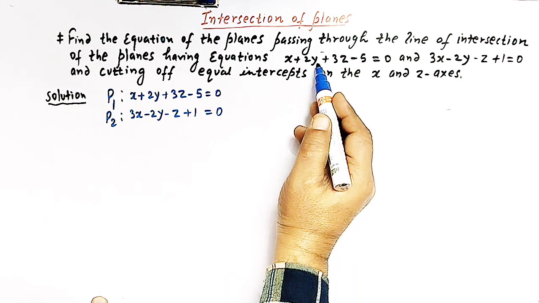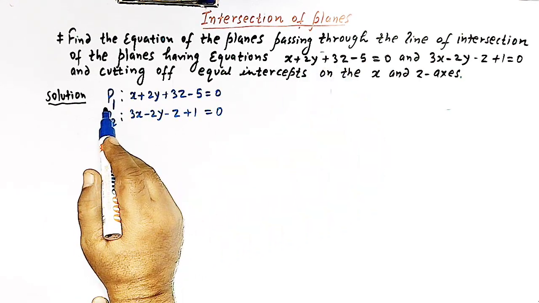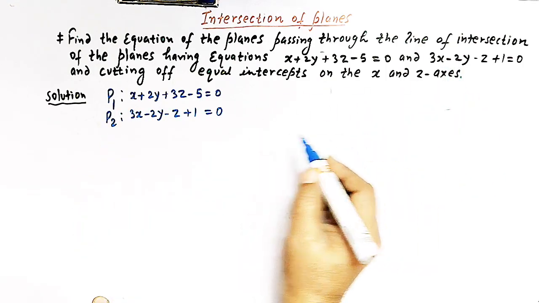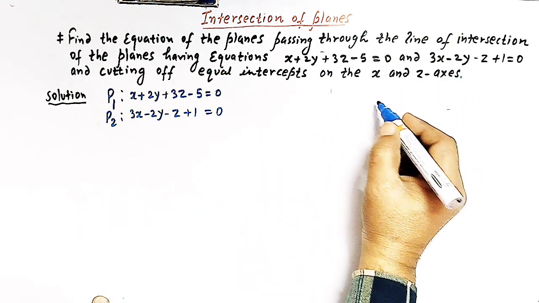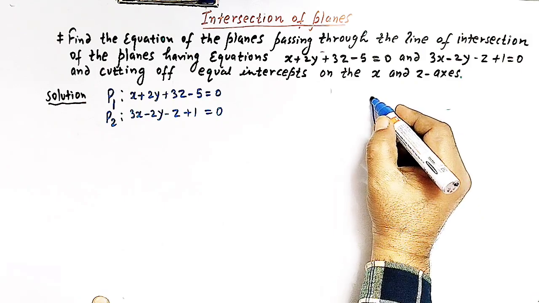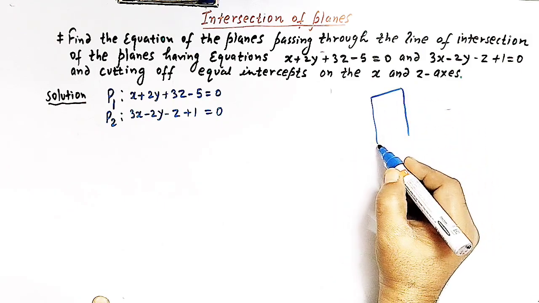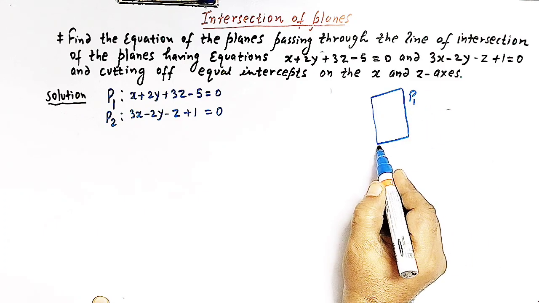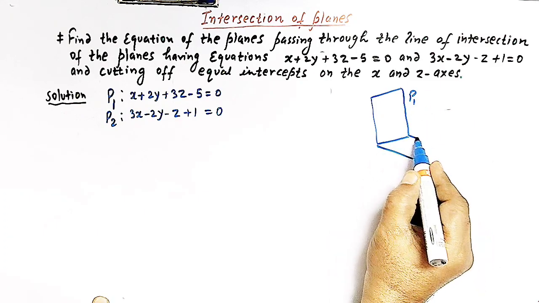So now let us denote this plane by P1 and this plane by P2, right? So let us draw a rough diagram here. Suppose this is our plane P1 and this is our plane P2, right?